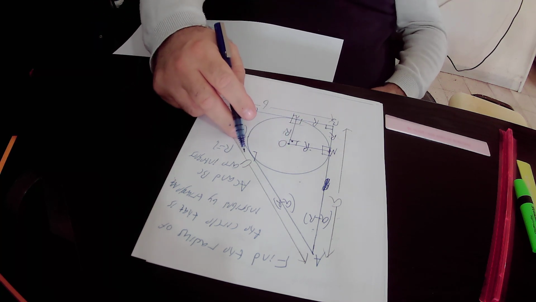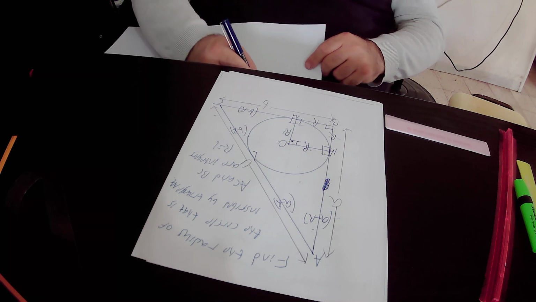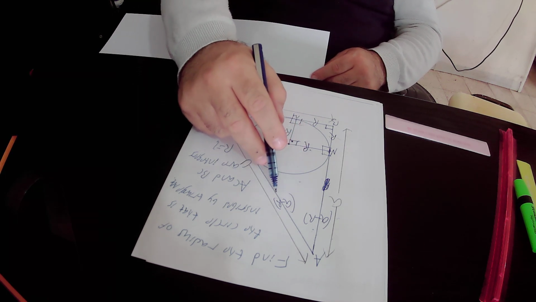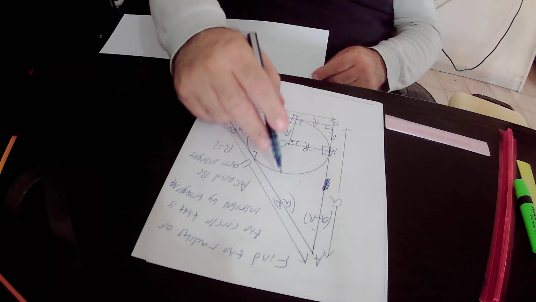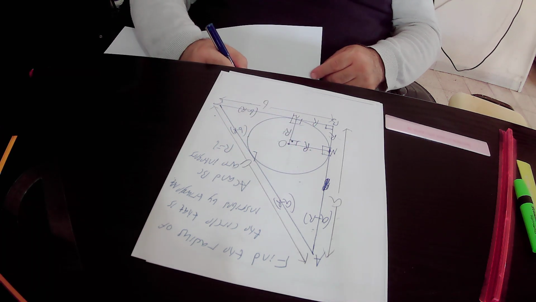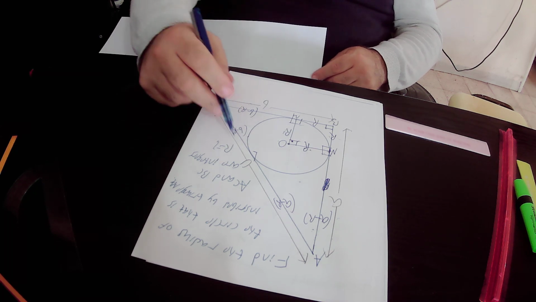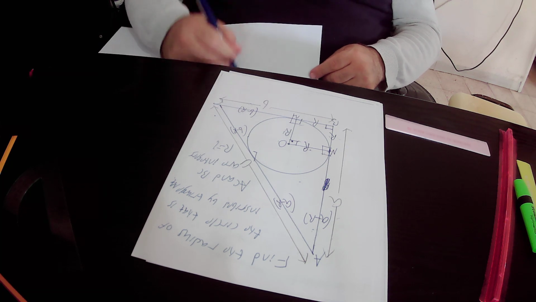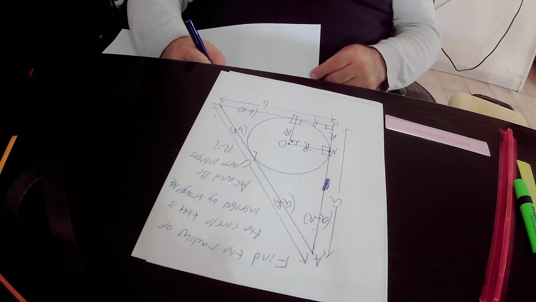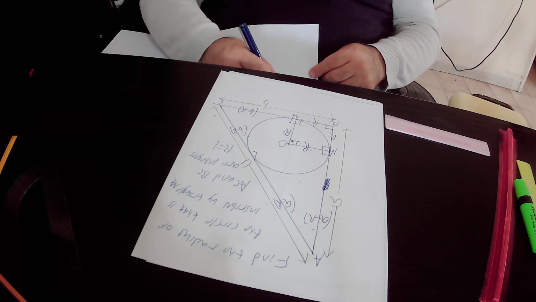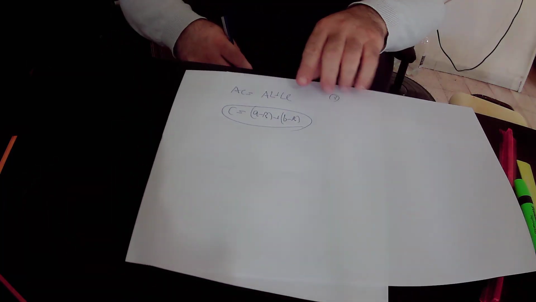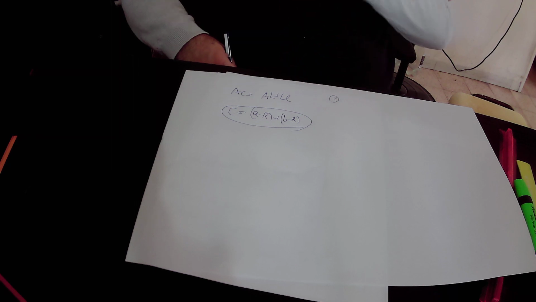AC equals C according to our definition, so we substitute AC by C. AL is equal to A minus R, according to what we have already found out, plus LC, and we have already found out that LC equals B minus R. So in conclusion, the hypotenuse C equals A minus R plus B minus R.